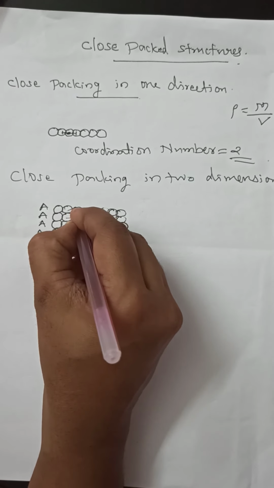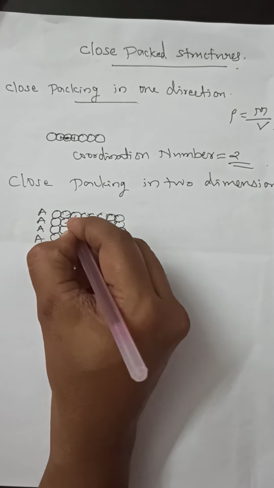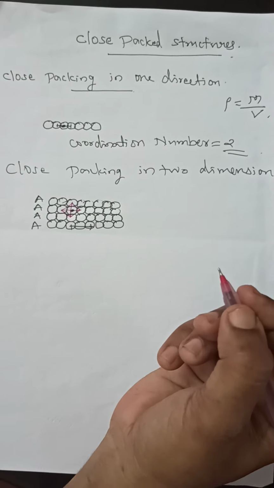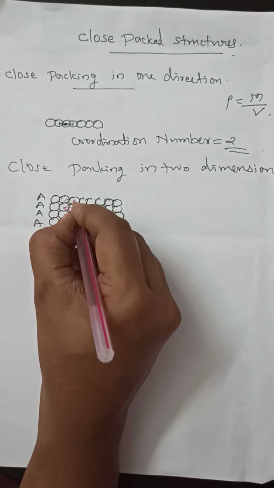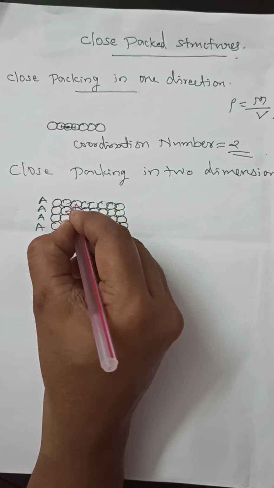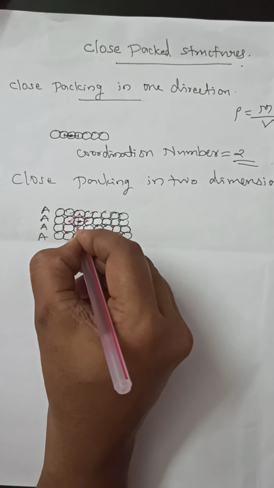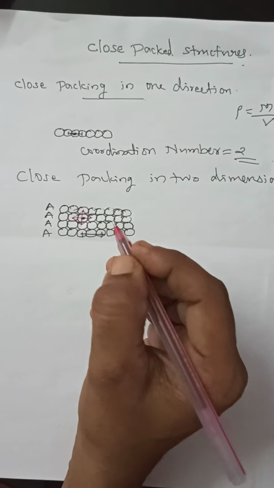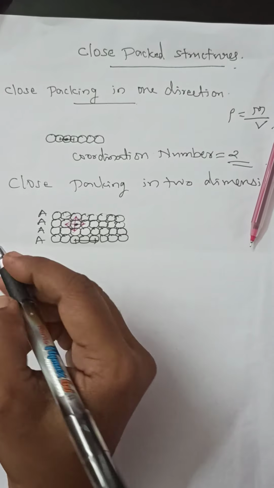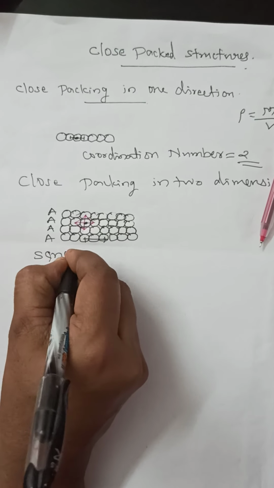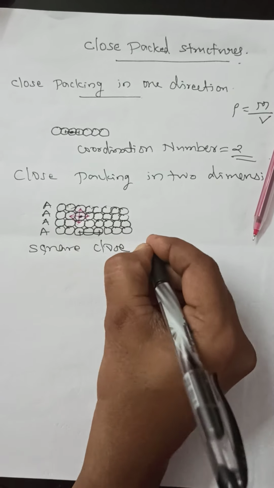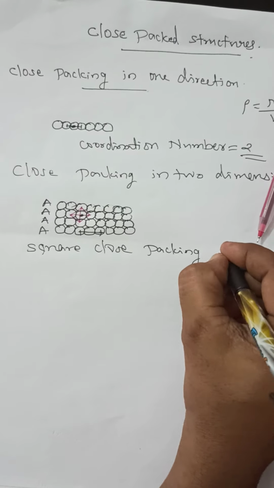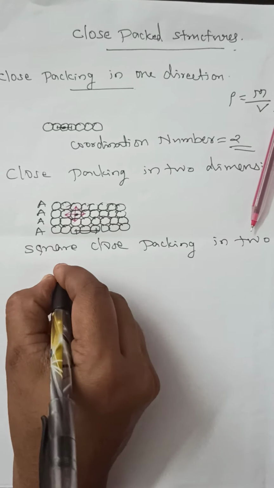It is in touch with 4 spheres. If you connect the centers of these 4 touching spheres, you will get a square. So this close packing is known by the name square close packing in 2 dimensions.